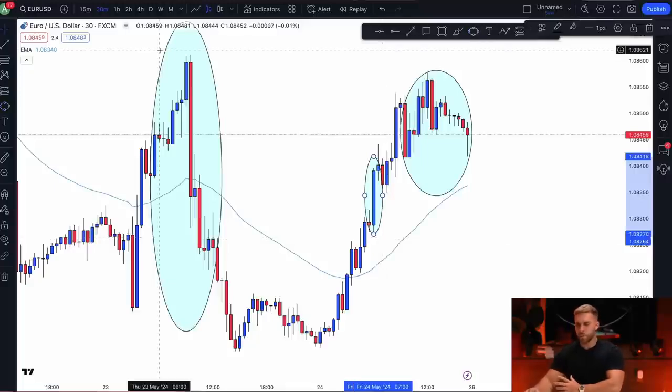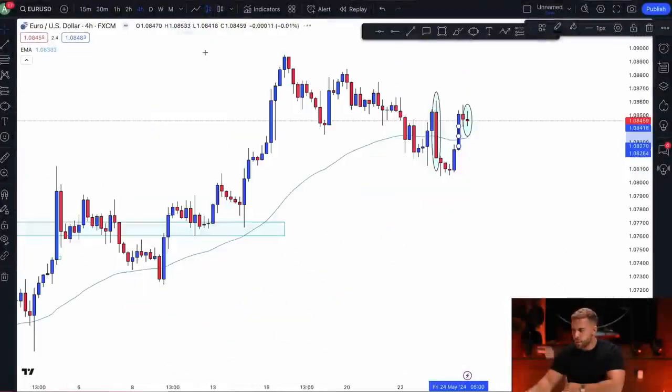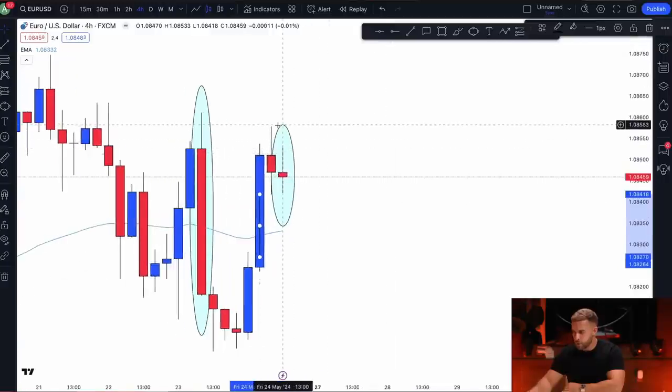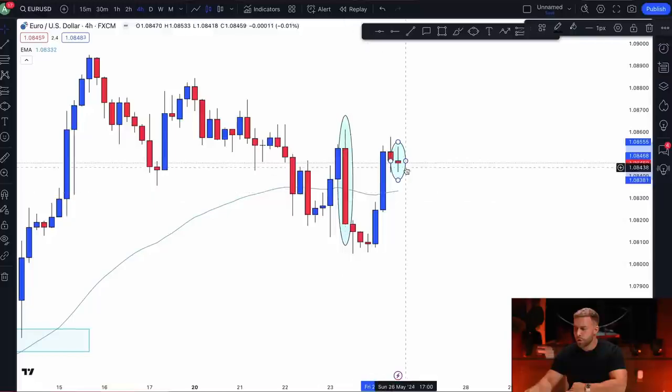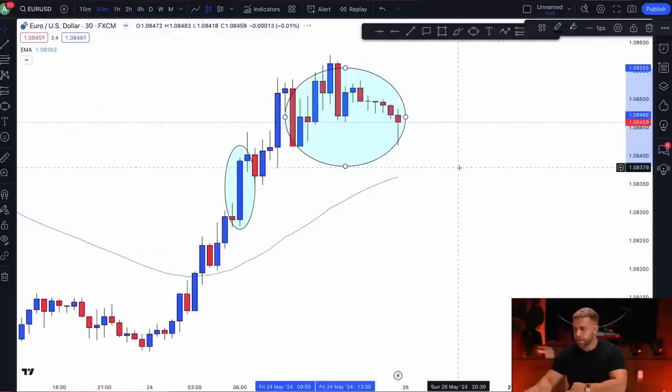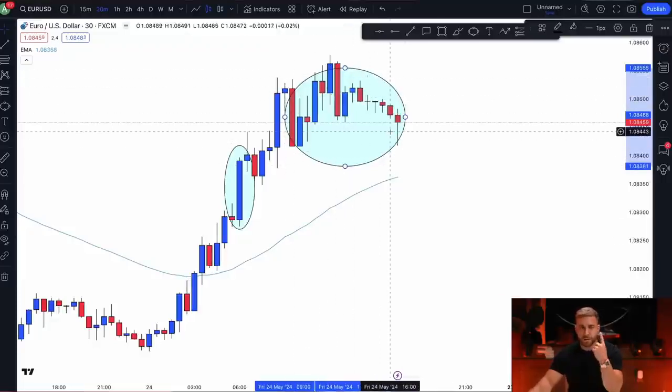Now, all we're doing when we're changing time frames is essentially zooming in to price. So as you can see on the 4 hour, if I were to circle this one single candlestick, it just looks like I'm circling one single candlestick, which happens every 4 hours because I'm on the 4 hour time frame. But if we were to go down to, let's say, the 30-minute time frame, as you can tell, I'm actually catching a lot more than just one single candlestick.